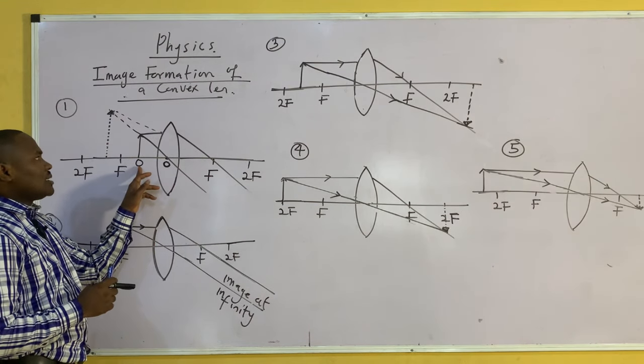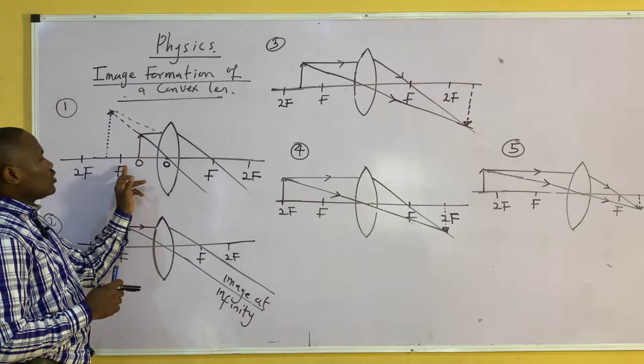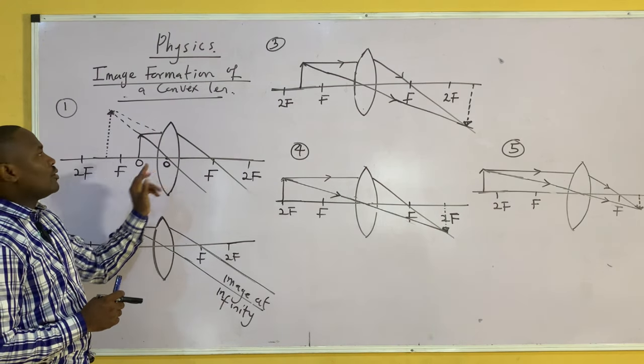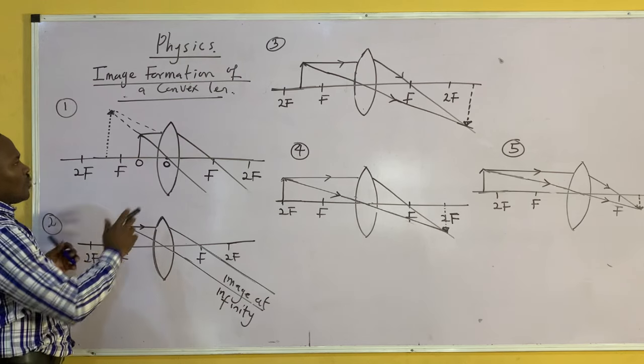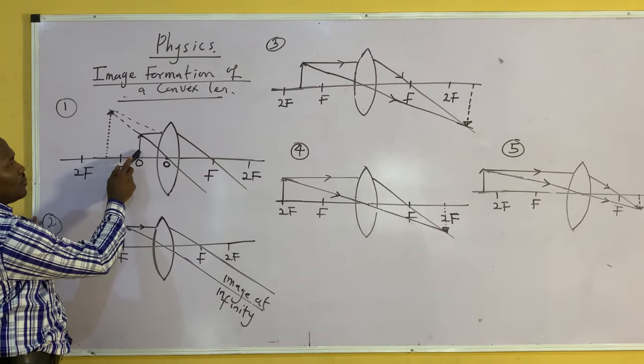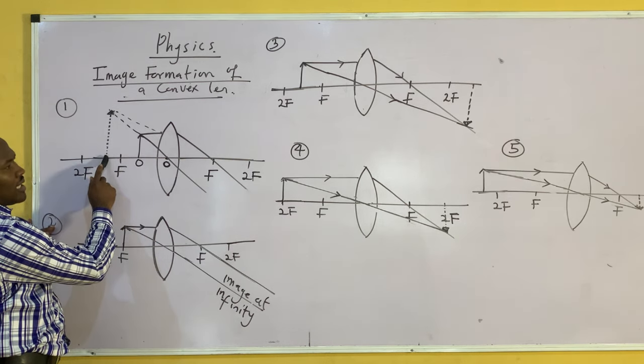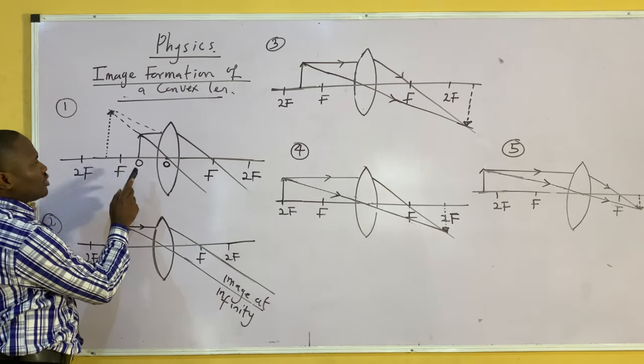Now, if an object is placed in between F and the optical center of the lens, what happens? We have the image formed behind the object. Now, please look at this.